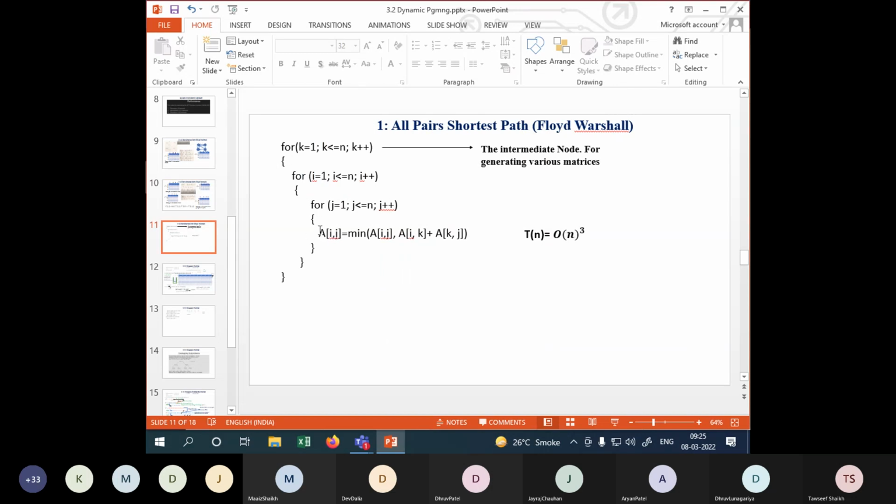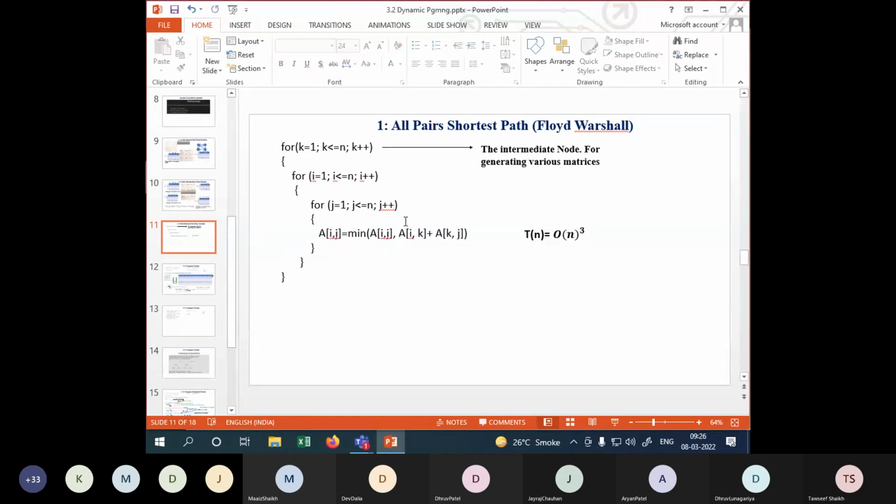We are actually finding the element inside the matrices after every iteration by taking this assumption into consideration. For A i to j, either this thing or the addition of these two after incorporating the kth node in the list and finding the values of these two, whichever among them is minimum will be put in this new matrix.